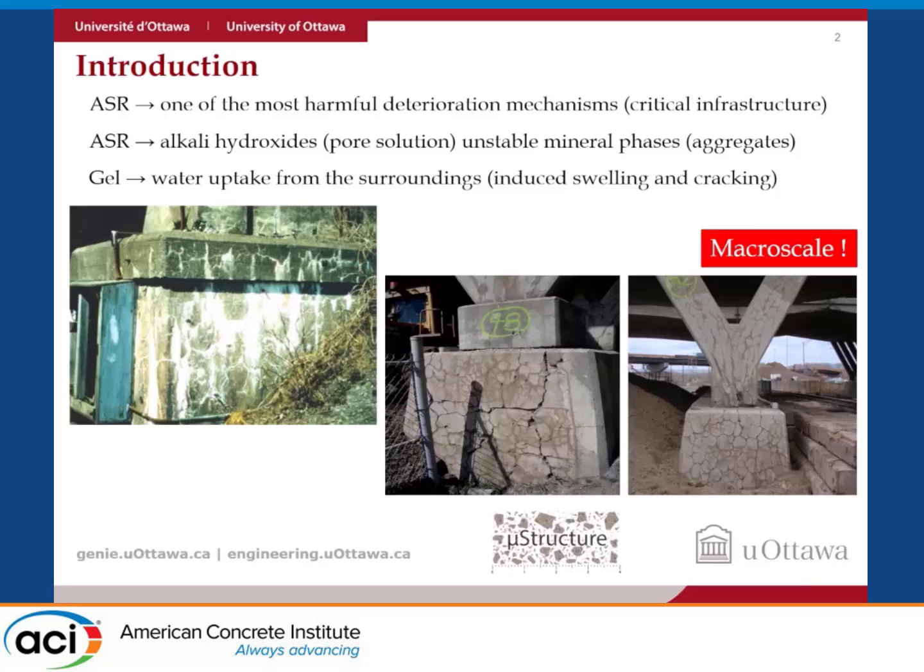So this is just a couple of photos from a very iconic, I would say, bridge in Canada that has been, by the way, demolished because of ASR-induced deterioration. So in the micro scale, ASR develops this way, random cracks, very important cracks that sometimes will get some structural implications.